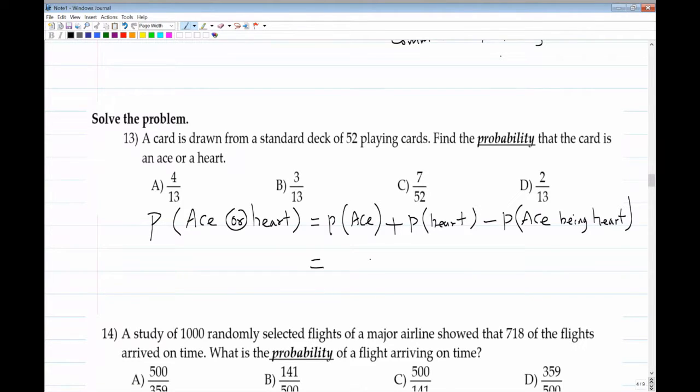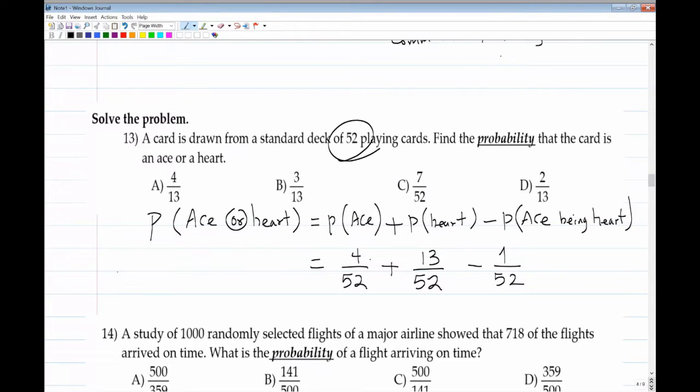So how many aces are there in the deck? We have 4 aces out of 52. How many hearts are there in the deck? There are 13 hearts out of 52 cards, because that's the total cards in the deck. We have 1 ace which is a heart, so we have to subtract the common element.